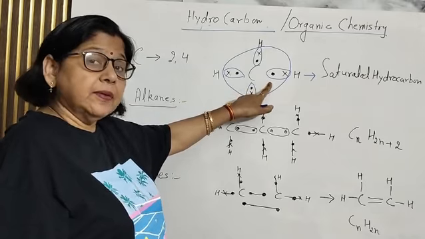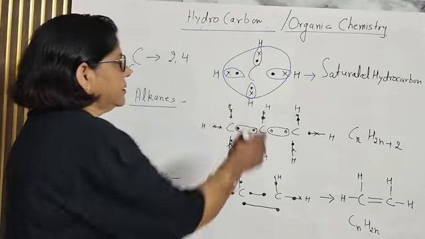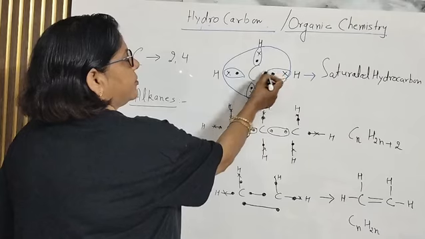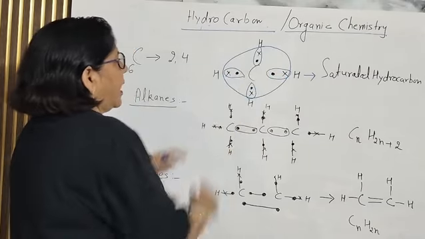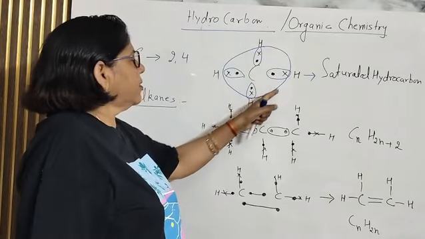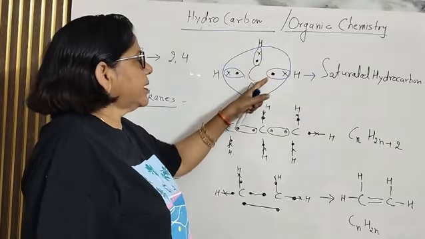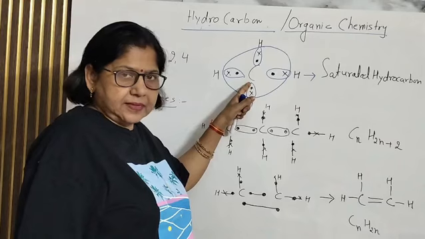So in that way, the duplet of hydrogen is completed. You can see in the blue circle, and in the big circle, the octet of carbon is also completed.